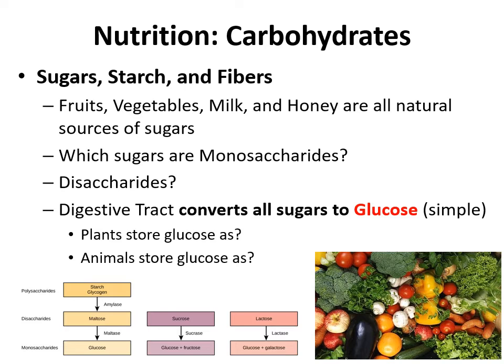Now, when we talk about the breakdown of carbohydrates, keep in mind that the glucose produced can then be stored as stored forms of carbs. So for plants, they store glucose as starch. Whereas animals, we store glucose as glycogen. Okay, so either way, when you have carbohydrates, their main purpose for you is going to be energy. So whether you're storing them or you're just quickly breaking them down, it's a whole lot of energy for you.